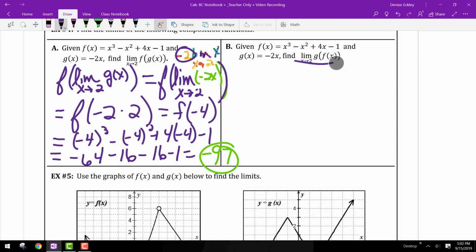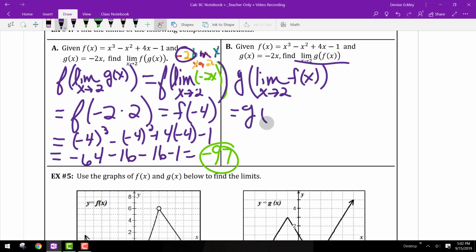rewriting the limit here, we're going to write this as g of the limit as x approaches 2 of f of x. So finding the limit of f of x, we're going to take g of, and I'm going to substitute the 2 in the function of f of x to find the value of the limit. So I'm going to have 2 to the third minus 2 squared plus 4 times 2 minus 1.